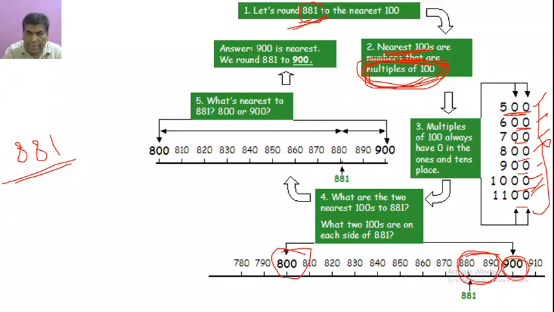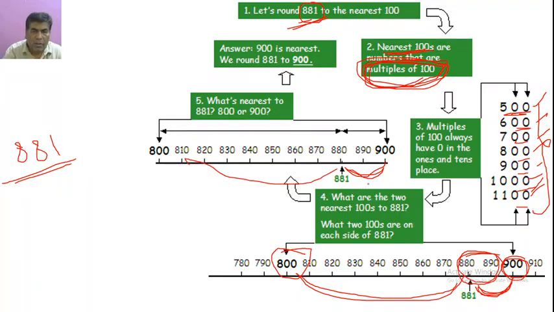Just by seeing you can tell, it is nearer to 900 and farther from 800. Because it is very near to 900 and far away from 800, the answer is 900.